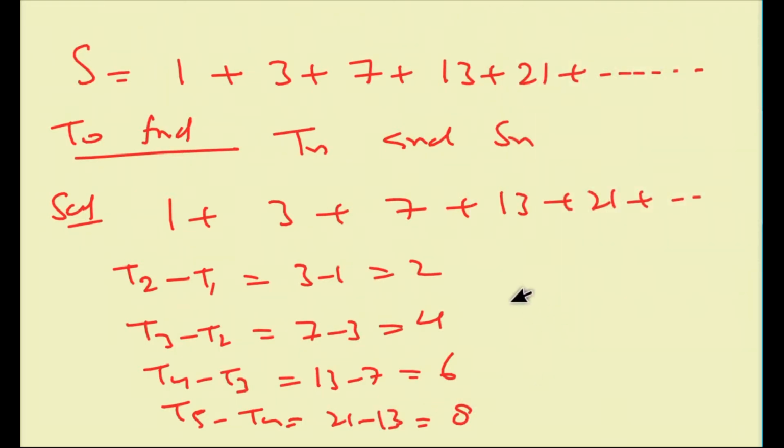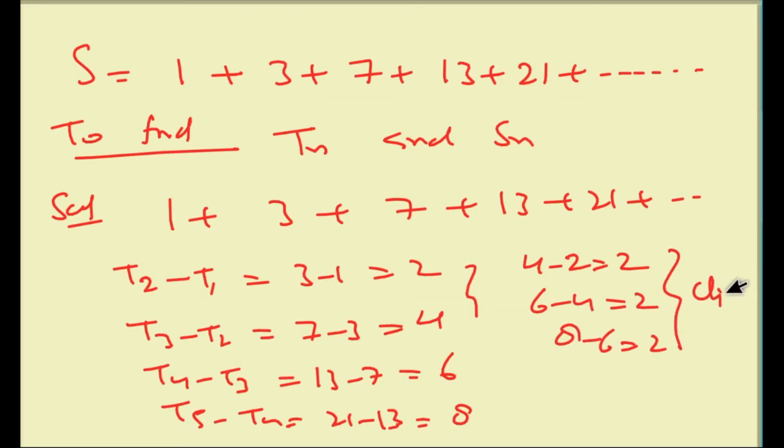Okay student, now check whether the difference is equal or not, or whether it is GP or AP. So we can see 4 minus 2 equal to 2, 6 minus 4 equal to 2, 8 minus 6 equal to 2. The difference is the same, the difference is constant, hence it is AP.